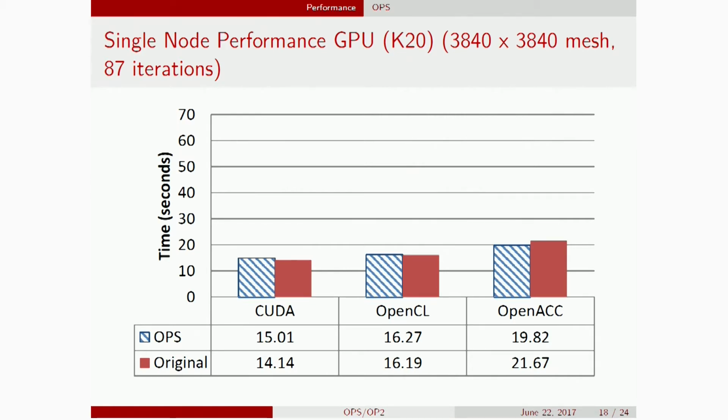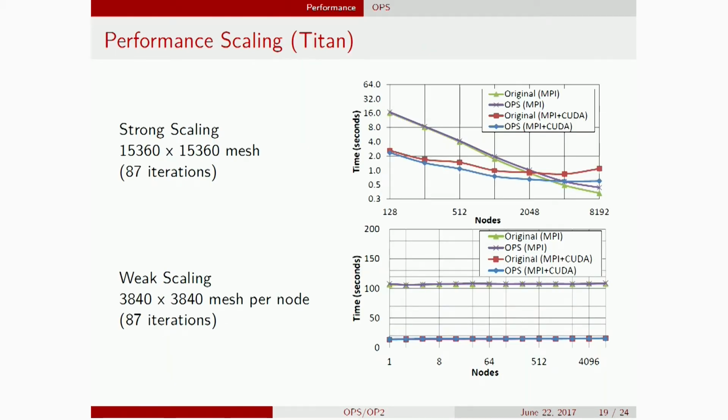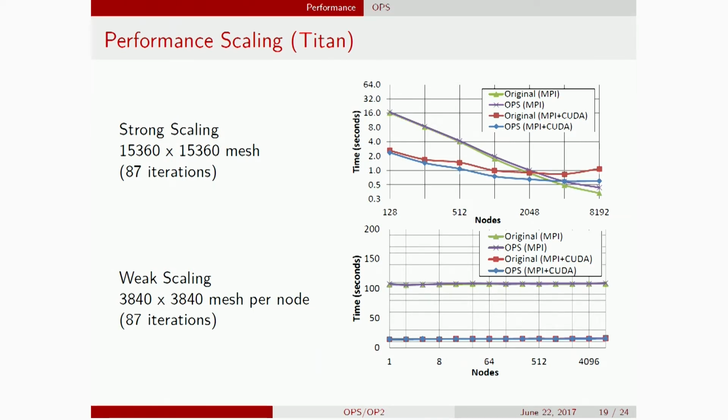So we can tell that our abstraction and translation can generate nearly optimal performance code. And in case of MPI and multiple nodes, we can show that on the Titan supercomputer we have almost the same scaling as with the handwritten and optimized code.